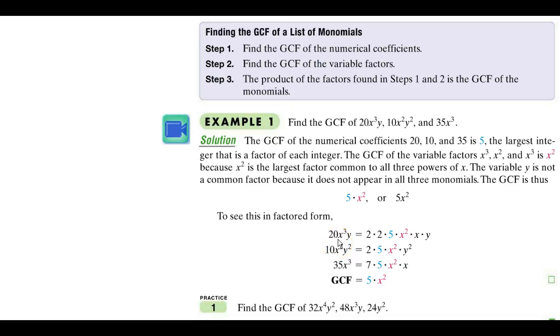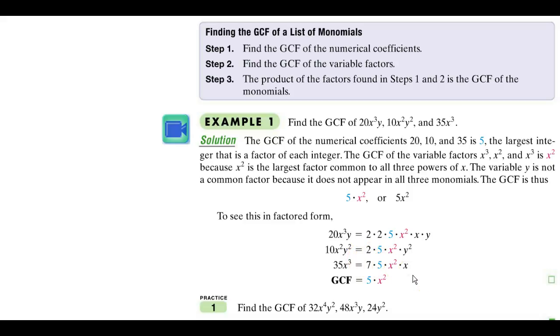So we take the 20, and it's 2 times 2 times 5. Then we have x to the second, x, and a y. And we do that to each one of these.